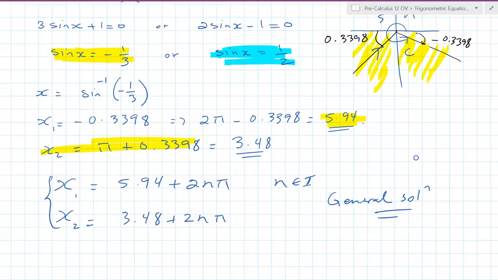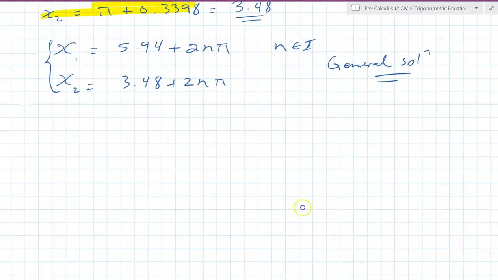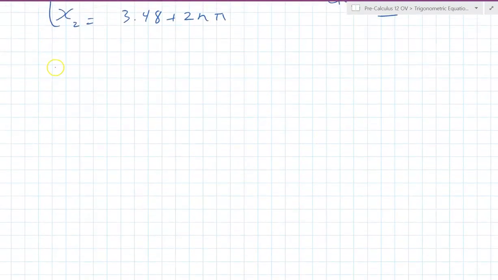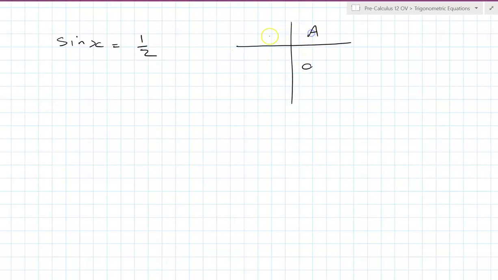Let's go ahead and solve that. So we have sine of x equals a half. Remember the CAST again. Sine is positive in quadrant 1 and quadrant 2.